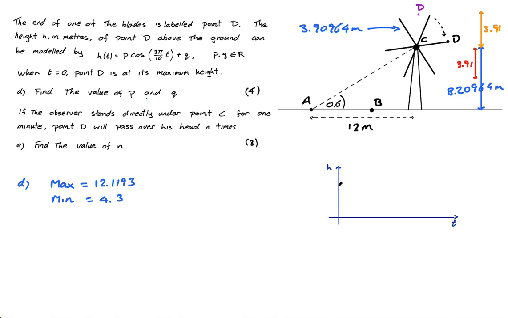And this line here is going to be 8.2. There. This is h equals 8.2 dot dot dot. That's this.